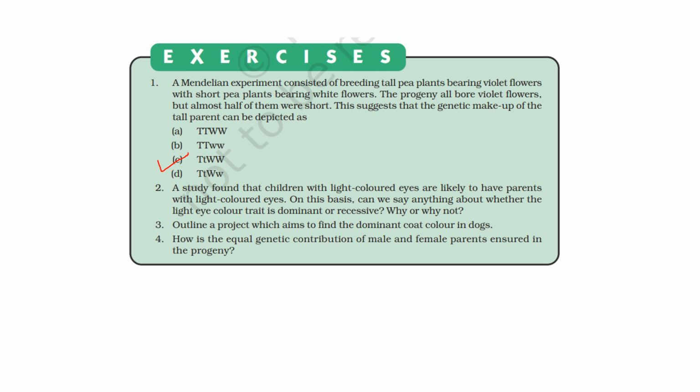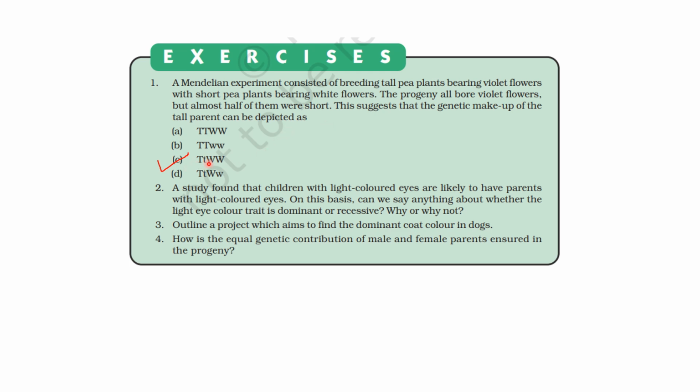See, इसमें हमने जो केस देखा progeny, it shows violet flowers, right? ये हमने देखा था violet flowers, which means that the trait for violet flowers, capital W, is dominant, right? So capital W will be dominant here. Then we know half of them are short, indicating that the tall parent is heterozygous for height, capital T, small t.